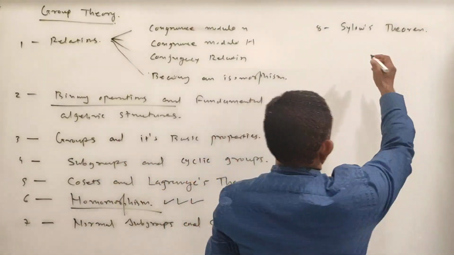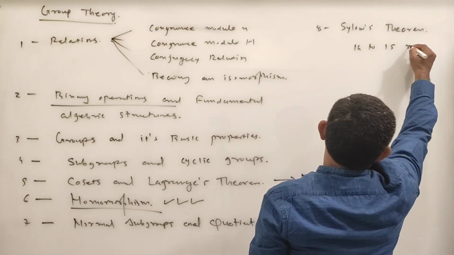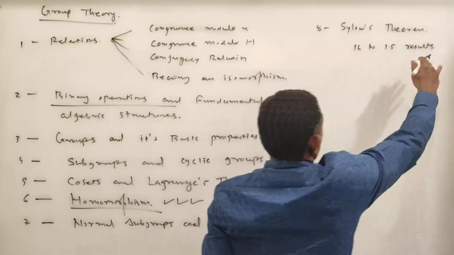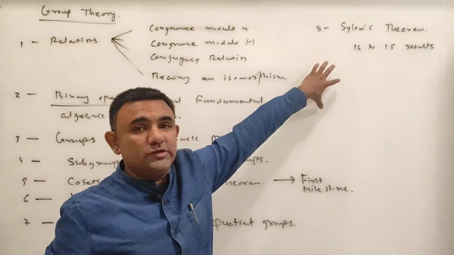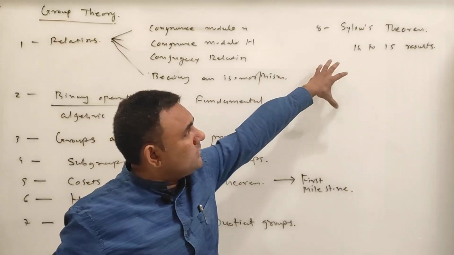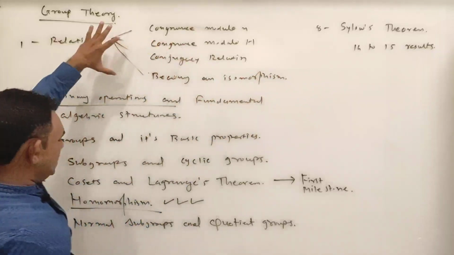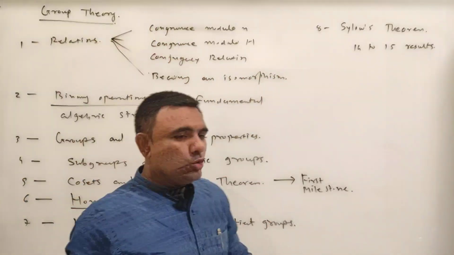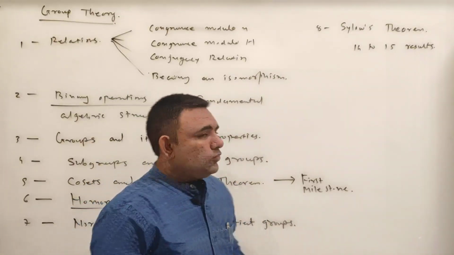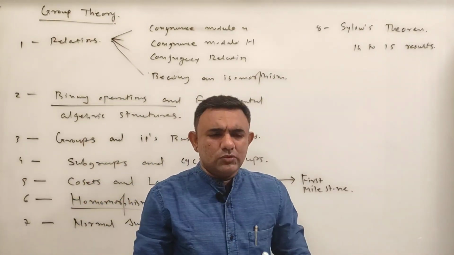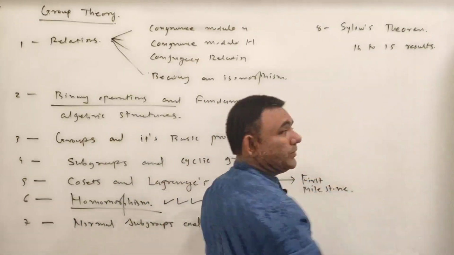So there are 14 to 15 results. Here we will discuss 14 to 15 results of Sylow's theorem. So with the help of these results and the results which we have discussed here, you can unfold the group fully. Now the whole group will unfold and all the information will start coming out with the help of these 14 to 15 results.